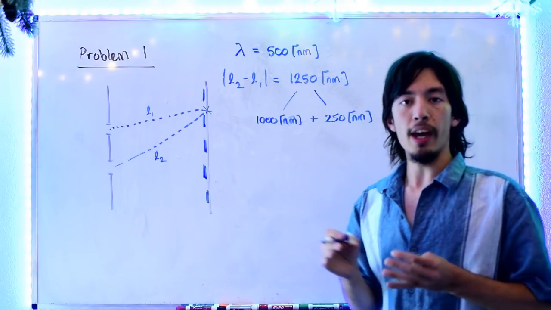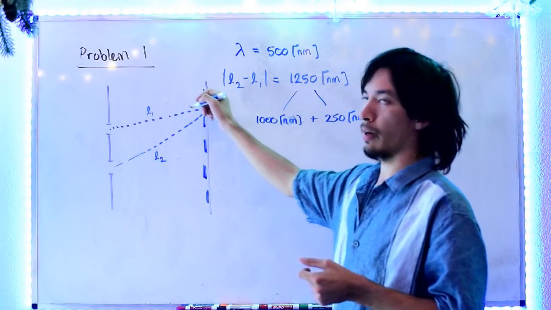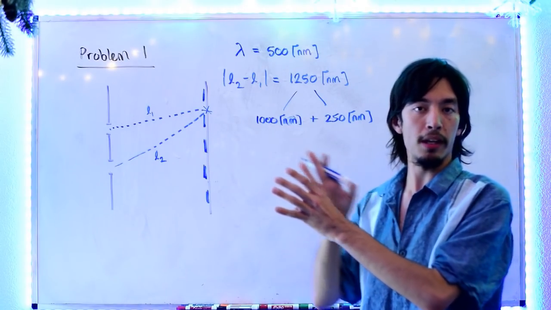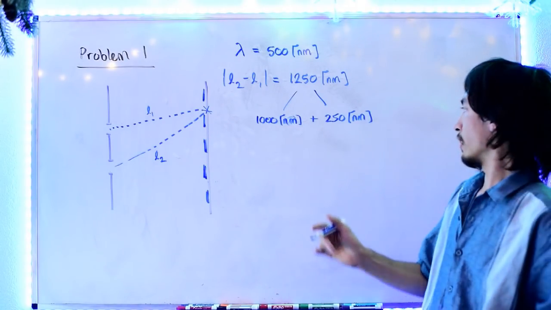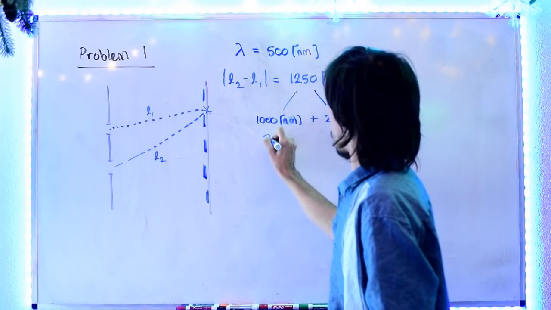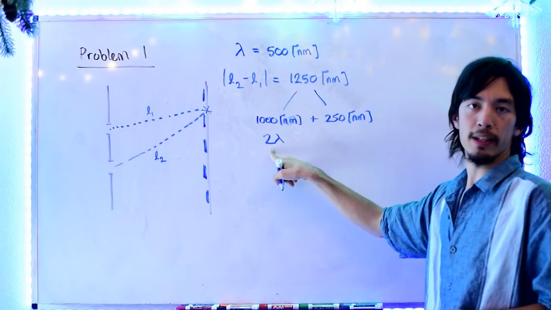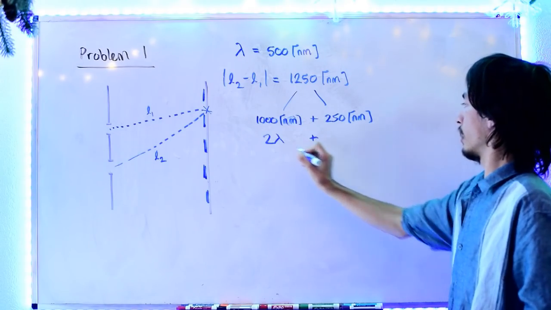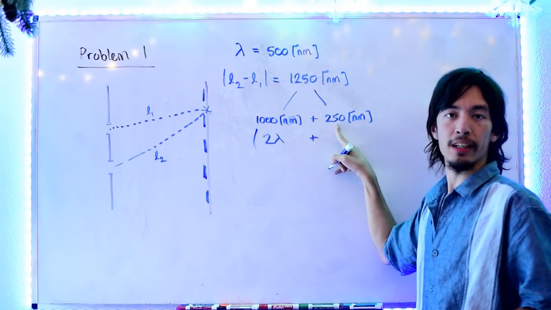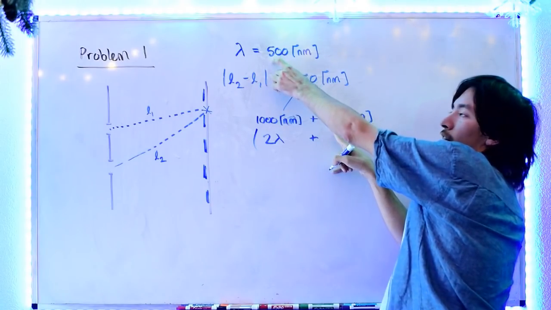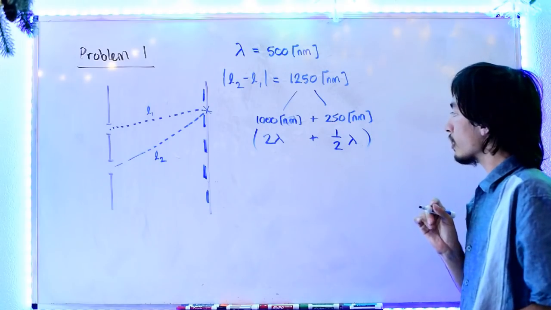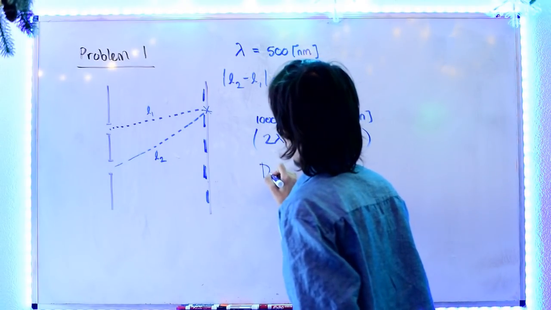So given that you have two waves approaching the spot, and they are just some number of wavelengths off of each other, it's constructive interference. So this is just 2 lambda. That would have been constructive if it were just that. However, we don't have just that. It's plus 250, which is half of a wavelength. So it's plus an extra half a wavelength. So in other words, this is destructive.